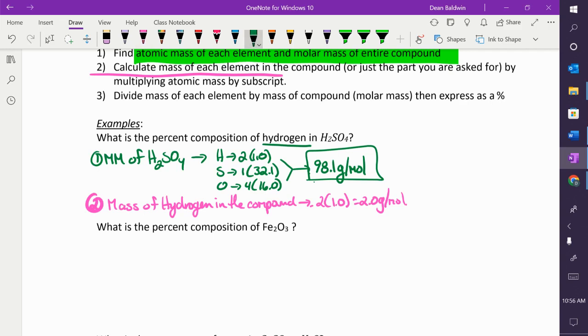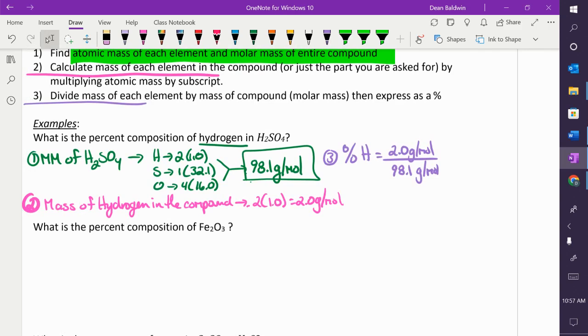Therefore, this is step 3, the percent of hydrogen is how much hydrogen you have, 2.0 grams per mole, divided by, we're assuming 1 mole, so I guess I don't need the moles, but that's okay, the total mass, which is 98.1 grams.